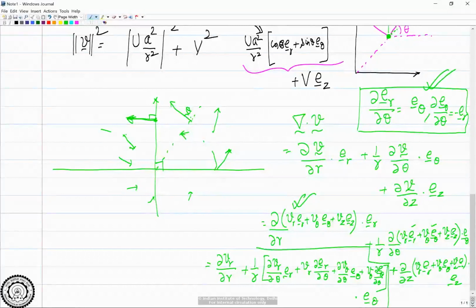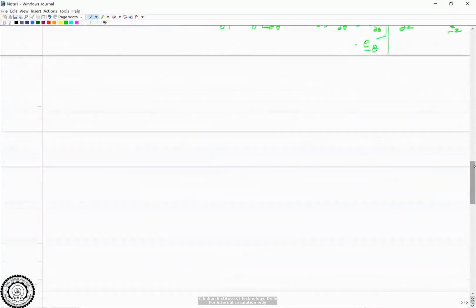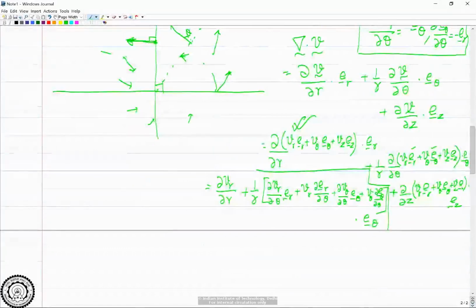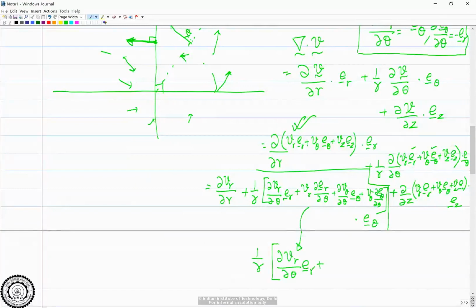Okay, so what is this going to give me? This thing over here is 1 by r, del vr by del theta er, plus vr into del er by del theta, that's e theta, plus del v theta by del theta into e theta, minus v theta into er, and then I dot with e theta.